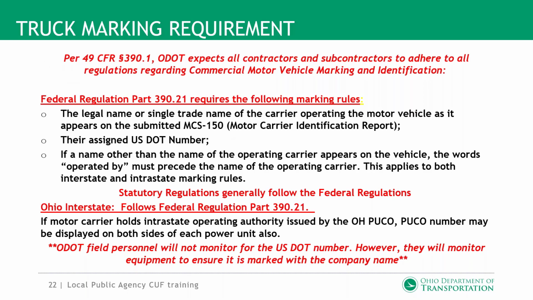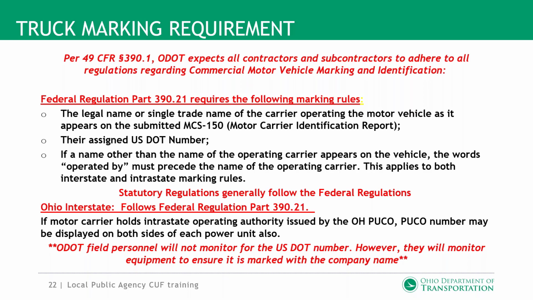Truck marking requirements. You can read over this. At ODOT, the field personnel, we monitor it, but we do not enforce this. This is not an enforcement avenue that we have. But they do have to follow these requirements, and it's per the 49 CFR, and you'll note that it's 390.1.